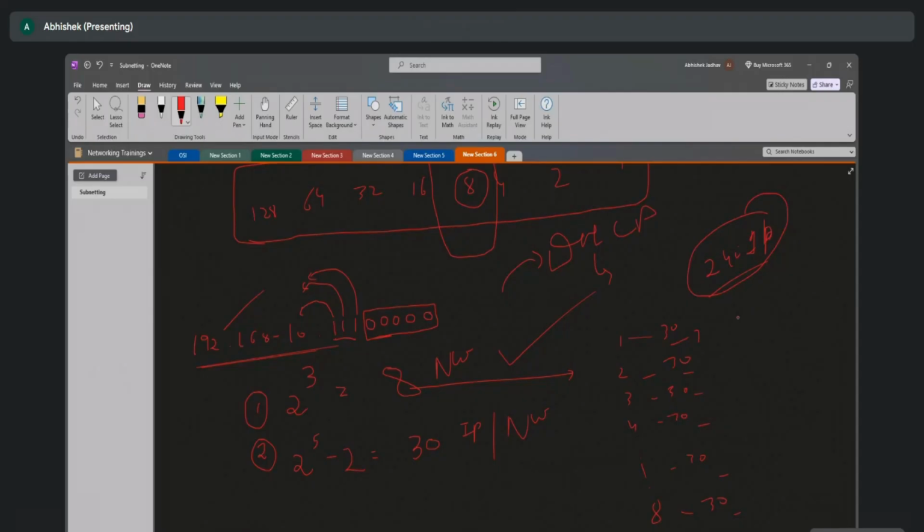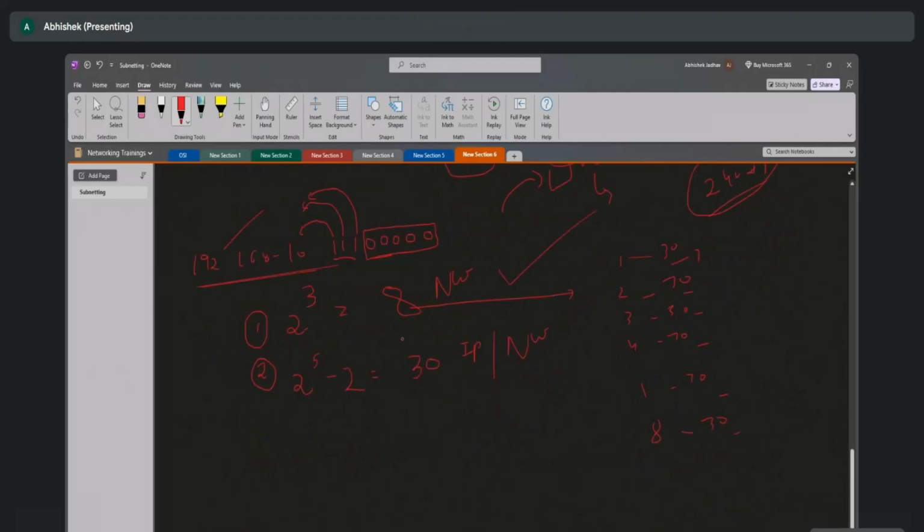Simple. Now, the calculation and the numbering part is fine for us, but what are the actual IP addresses? How will you write them down? Before we delve into that, there is something called a variable length subnet mask, right? So what does this do?